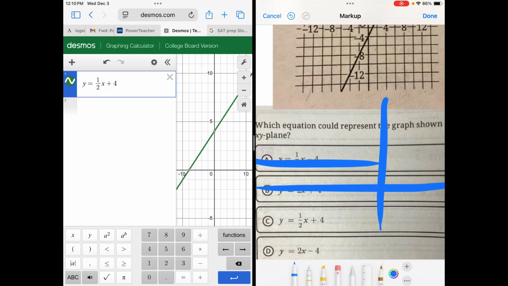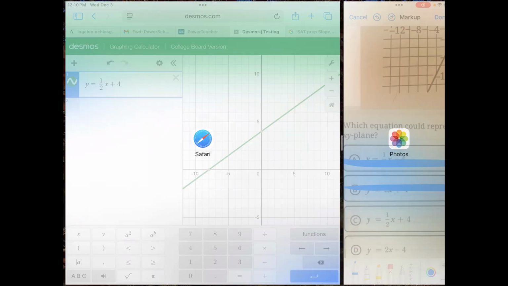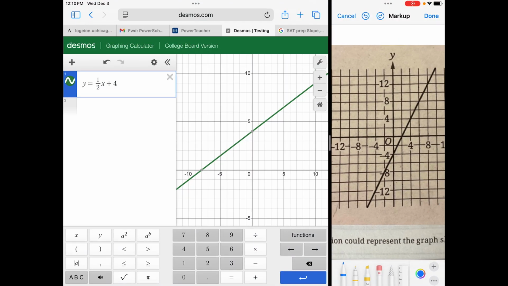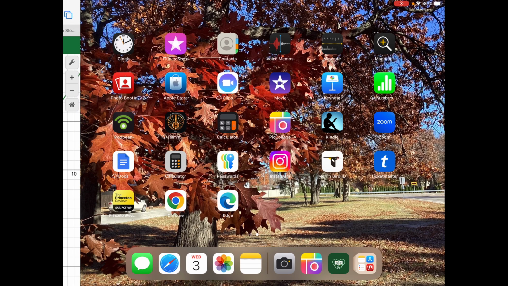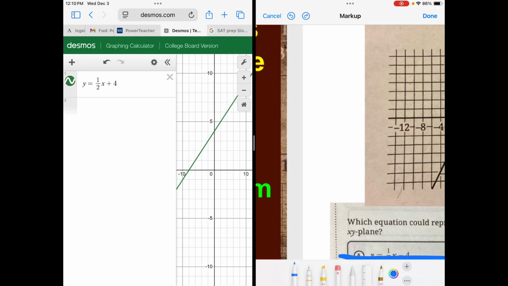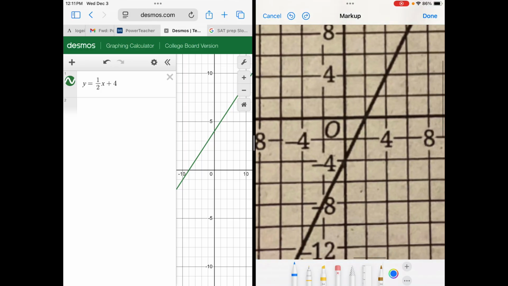See what we got. So again, we have a slope in our green line, which is different from the slope in the SAT question. We also see that this line also passes to the left of the 0 point, the origin point, whereas the line in the SAT question is passing to the right of the 0 point, the origin point.